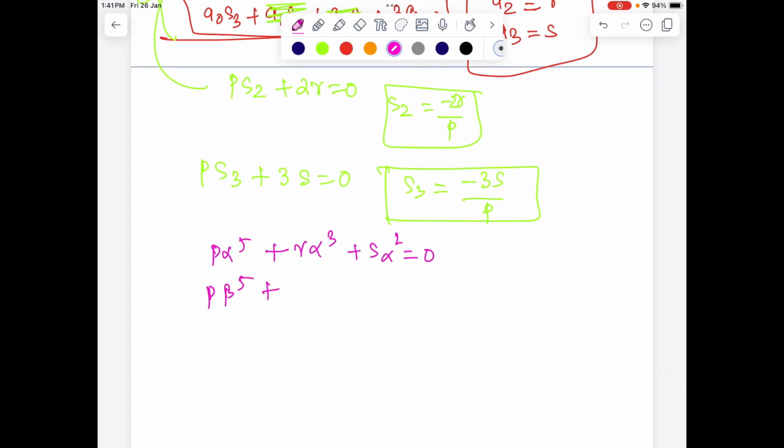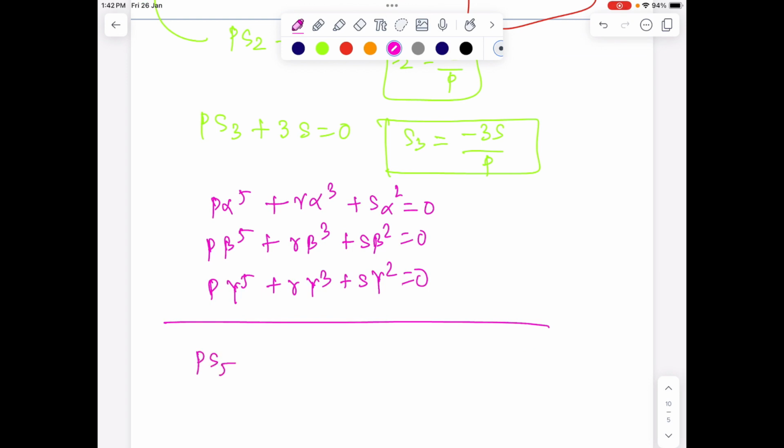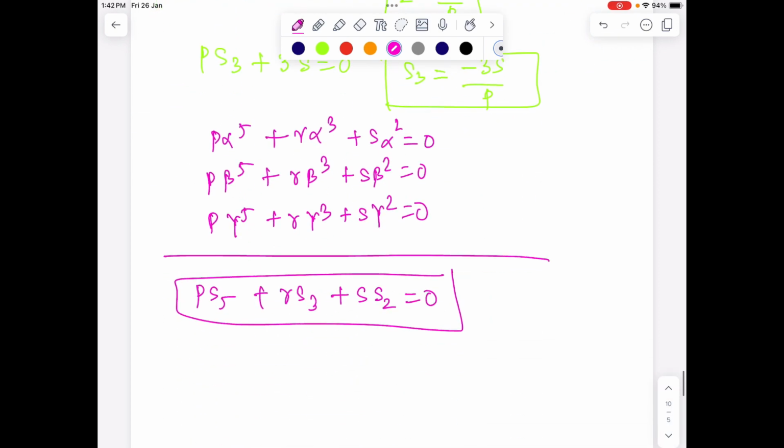Similarly, beta will satisfy this equation, so will gamma. Just add these. So we have pS5 plus rS3 plus sS2 equals 0. So we know all these values. So pS5 equals minus rS3 minus sS2.